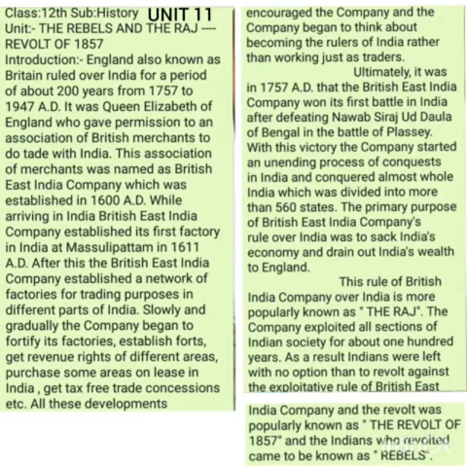Very soon, the company opened factories at Patna in Bihar, Balasore in Orissa, Dhaka in Bengal, and other parts of Bengal. So, with the passage of time, the British East India Company had established a network of factories over vast areas of India.